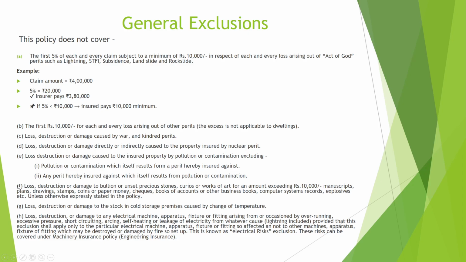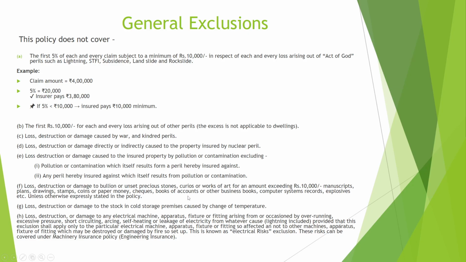Another is loss, destruction or damage to bullion. Bullion is precious metal, silver, gold, these are bullion, or unset precious stones; you cannot insure those. Curios, you cannot take insurance against them. For art, if it is above 10,000 rupees, you cannot take insurance against it.